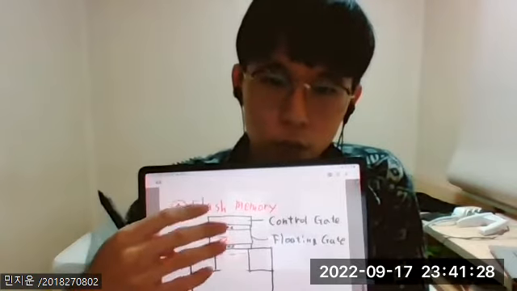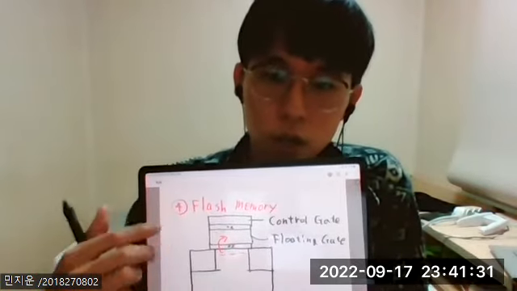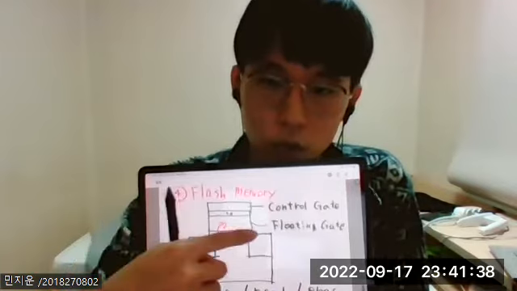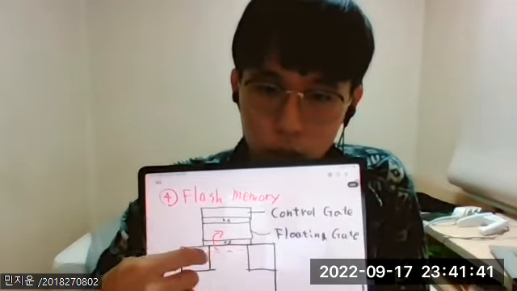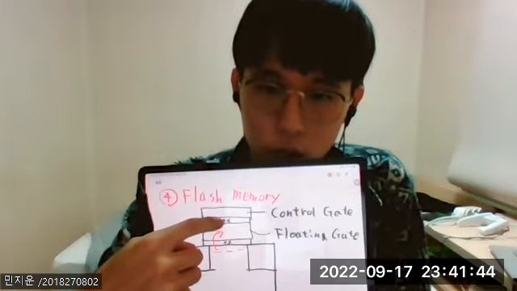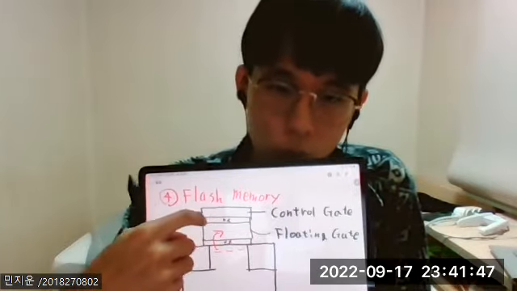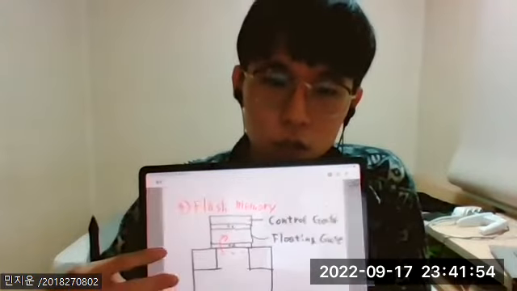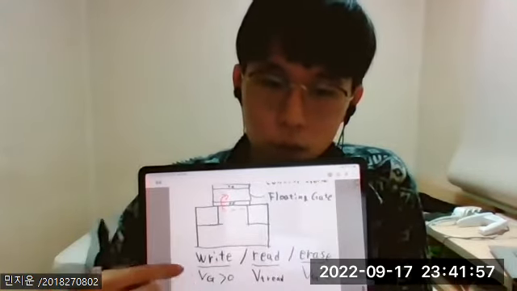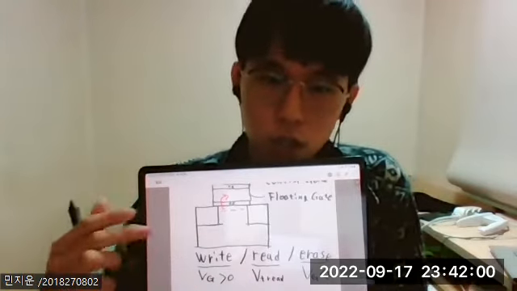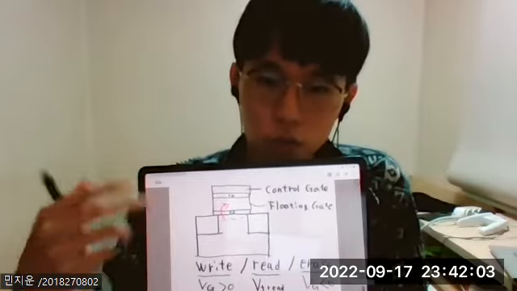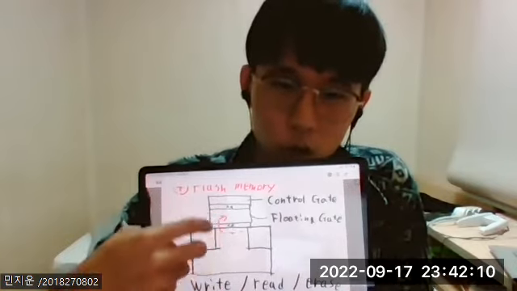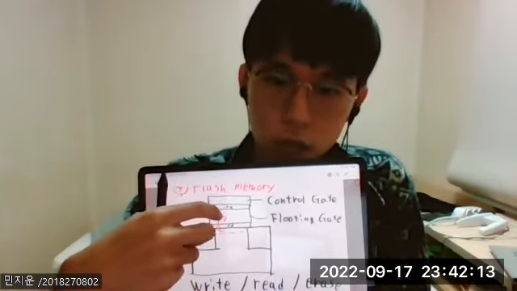Next one is flash memory. This one is non-volatile type. This one is similar to MOSFET, but the floating gate and the buried oxide are added. So if you apply the positive gate voltage, the electron carrier is trapped in this floating gate.